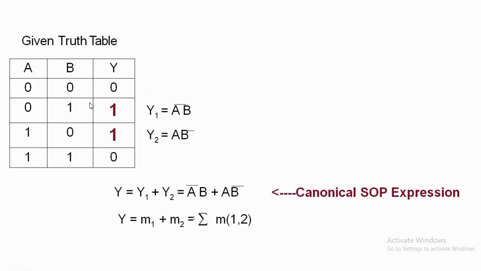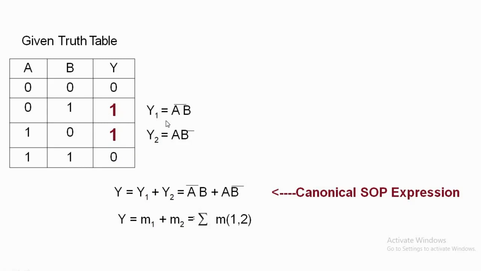So this is a given truth table. How many variables are there? 2 variables, A, B. So for 2 variables there are 4 possible combinations and the last column is for output. In this, the output is 0, 1, 1, 0. So we have to consider only the last column. In the last column, only the second row and third row we have to consider. Why? Because their output is 1.